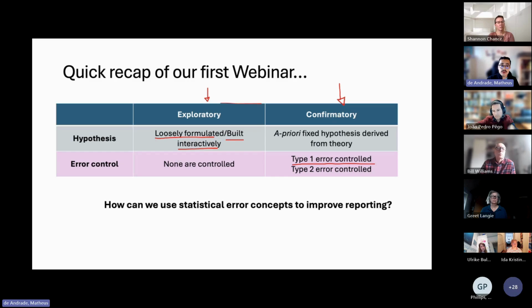That's exploratory research with respect to type 1 and type 2 errors. But there's also confirmatory research, where you start your research with a hypothesis that is fixed and never changes, and then your type 1 error is controlled and your type 2 error is controlled.